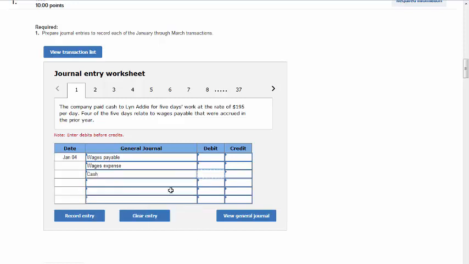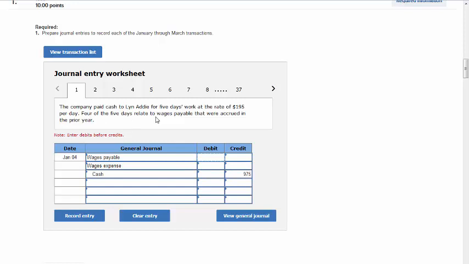All right. Now the credit, I know it's going to be the $195 times the 5 days. So with my calculator, I'm going to do 5 times 195. That's a total of $975. So I'm going to do 975 as my credit.